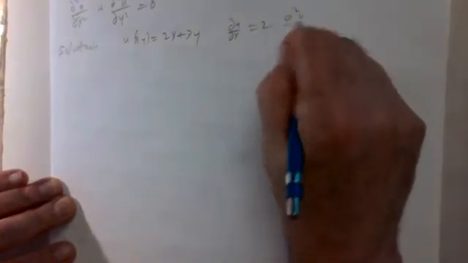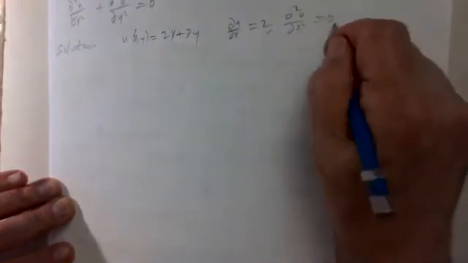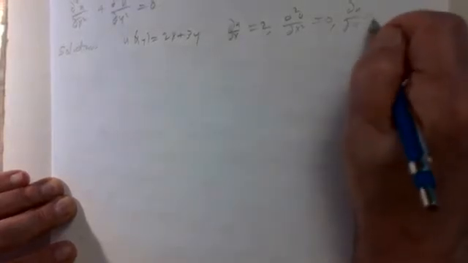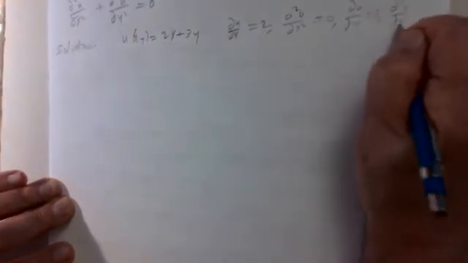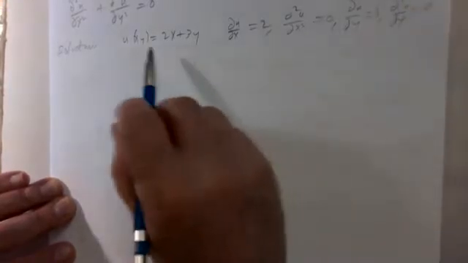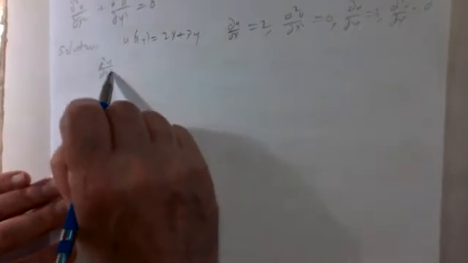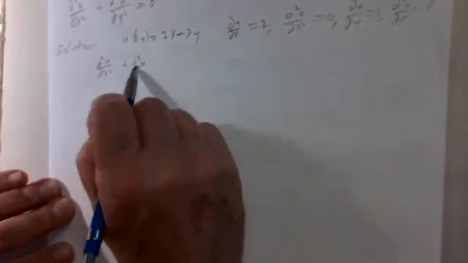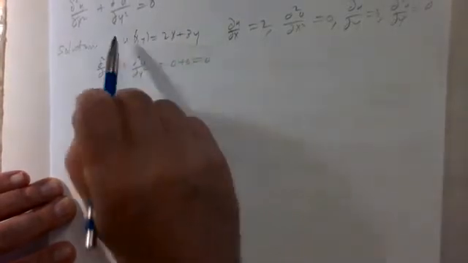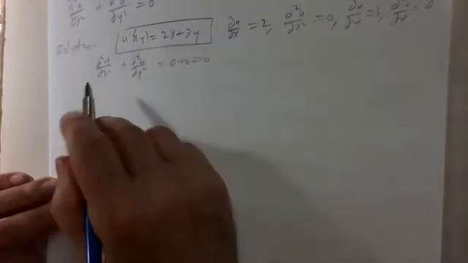So the second partial of u with respect to x, you differentiate a constant, you get 0. And the partial of u with respect to y is 3. And the second derivative, the derivative of the constant 3, is 0. So we get the second partial in x plus the second partial in y is 0 plus 0 is 0. So that's one solution.